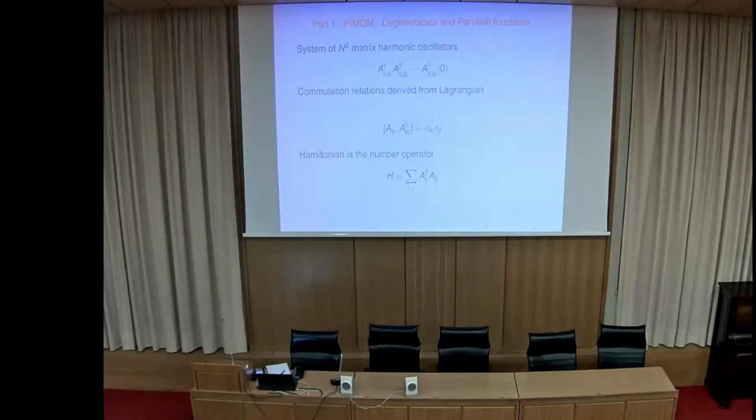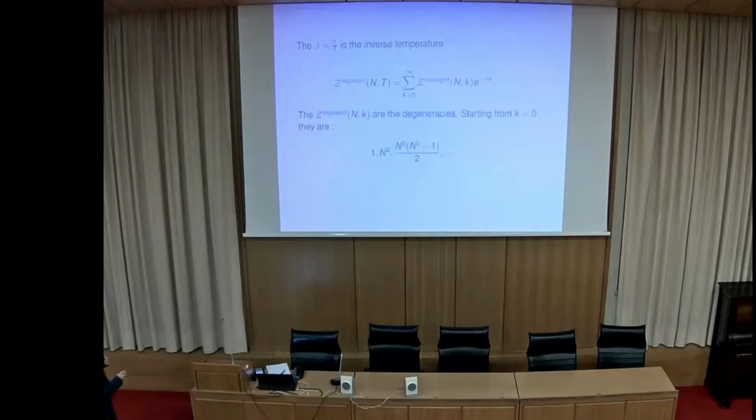So, great. We have the counting of states for a single matrix. First, forget about the gauging. If you just count the simple harmonic oscillators, just the n squared oscillators, the energy will just be the number of oscillators. You can build e to the minus beta E times the degeneracies.